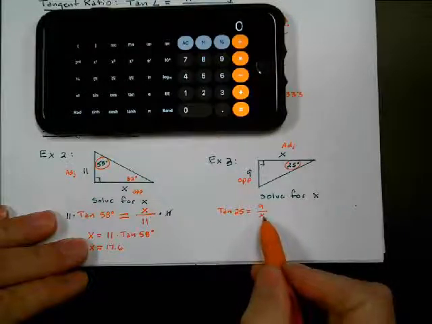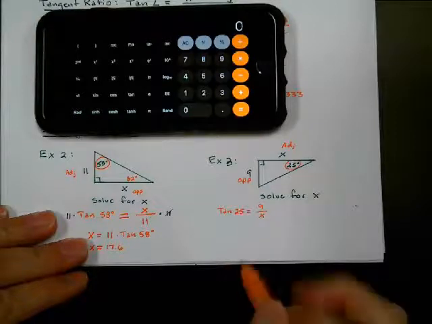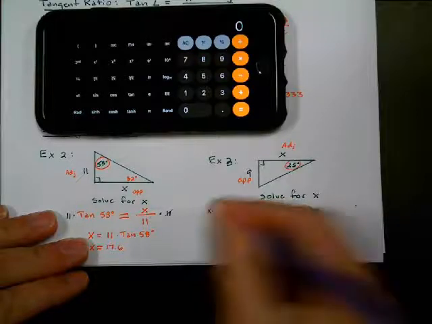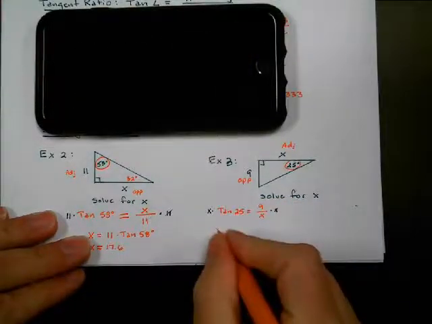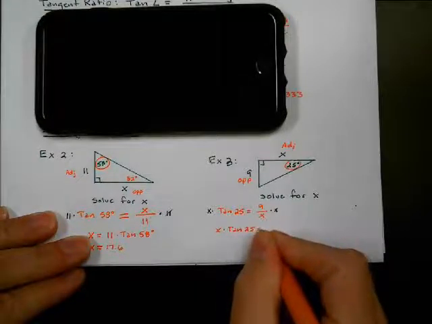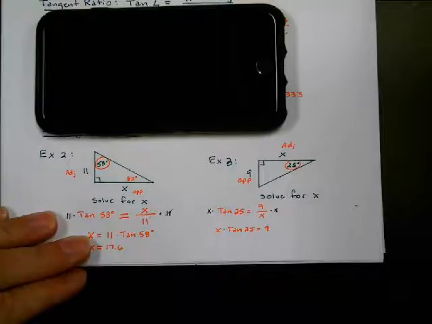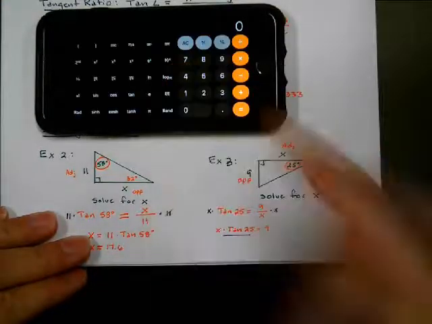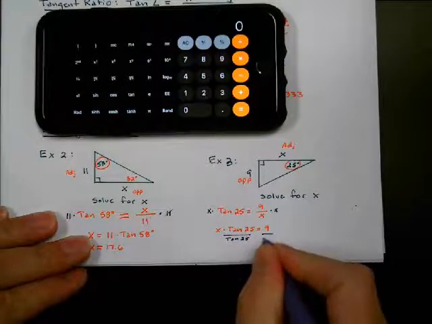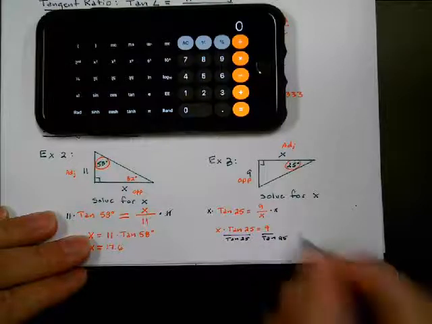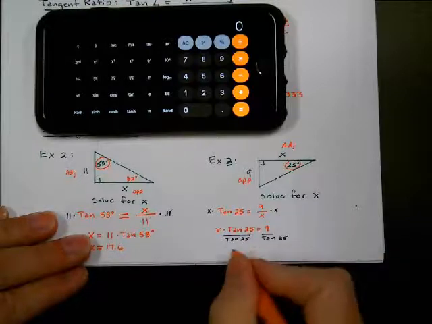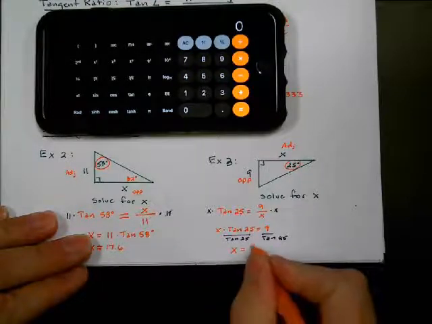So what I can do is multiply both sides by x. That would give me x times the tangent of 25 equals 9, and then divide both sides by the tangent of 25. Okay, so I would end up with x equals 9 over the tangent of 25.